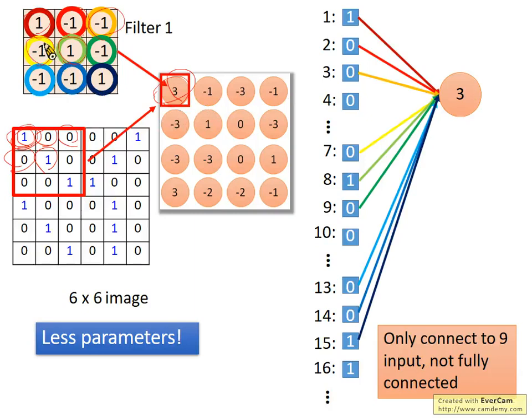If we flatten the 6x6 image, it is actually a 36-dimensional vector.